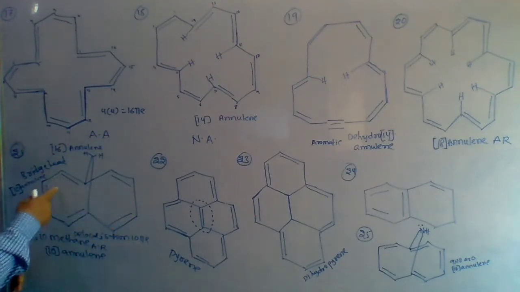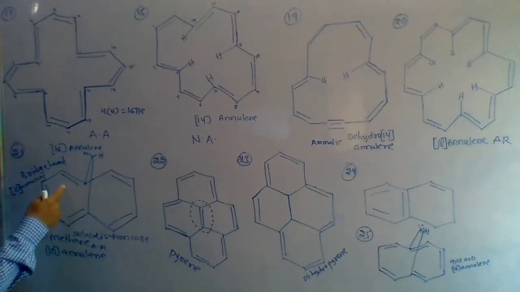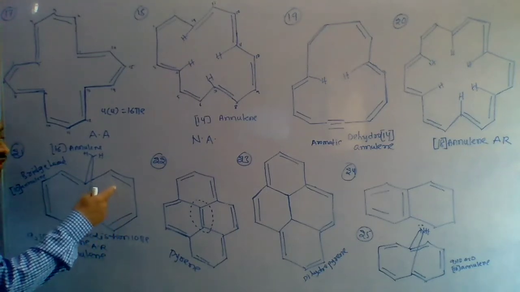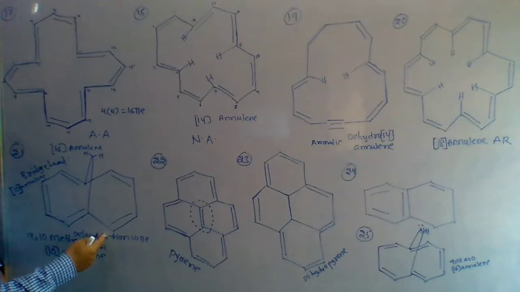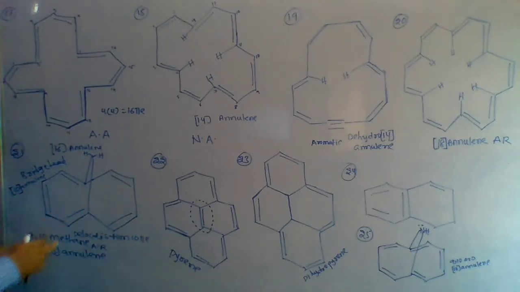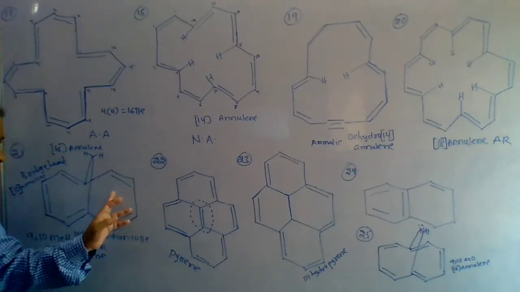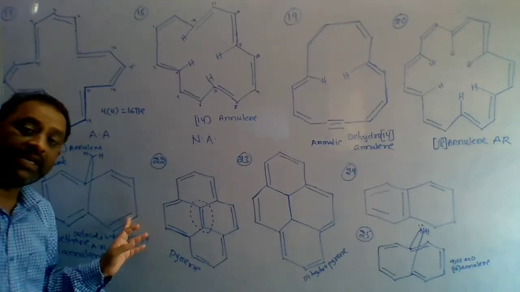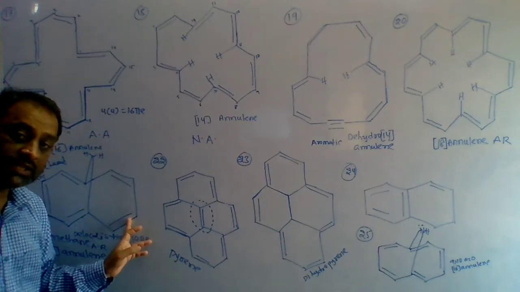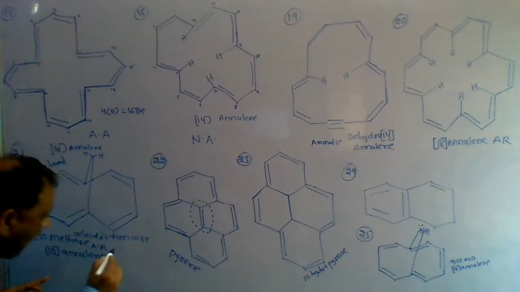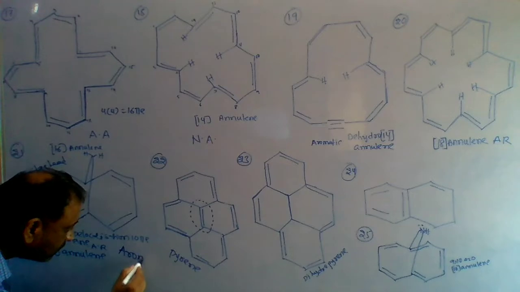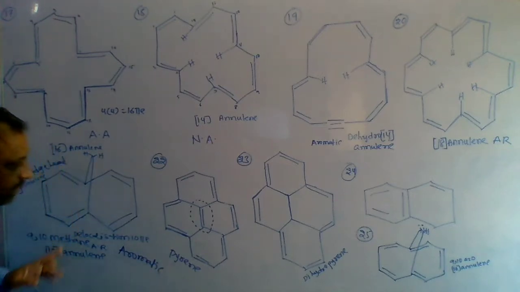Planarity is there. Complete delocalization of pi electrons takes place. Conjugation is there, planar shape. Here 10 pi electrons are involved in complete delocalization, which obeys the 4n plus 2 pi rule, Huckel's rule. So it is also an aromatic compound.